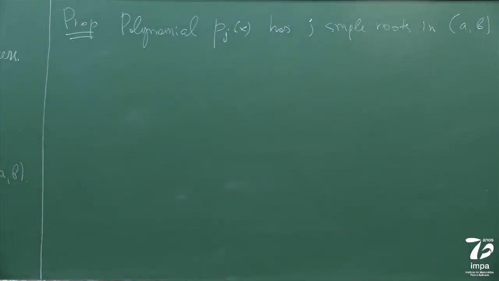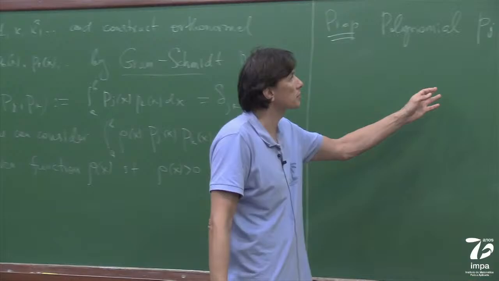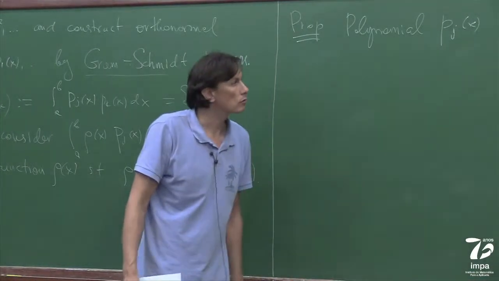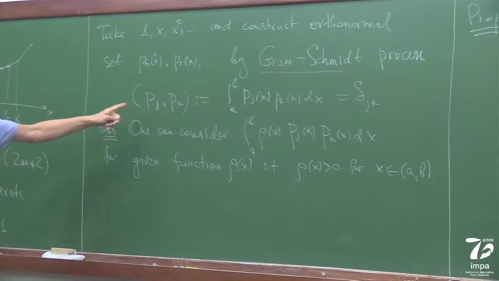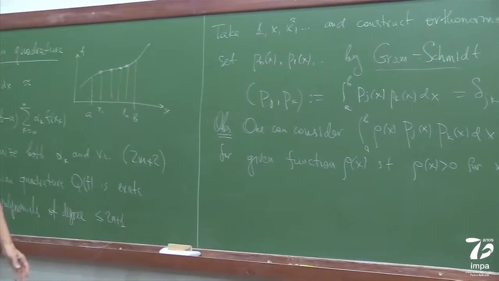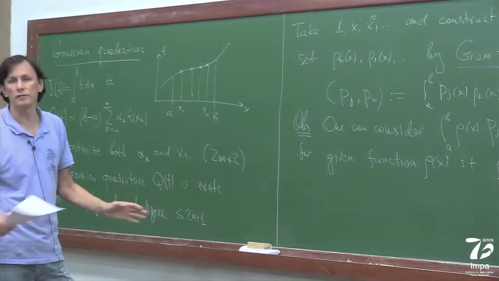Every Pj is a polynomial of degree j, so it always has j roots, which can be complex and can be repeated. The statement tells that whenever you do this orthonormalization with this product, all roots will be inside the interval, and they will be different.